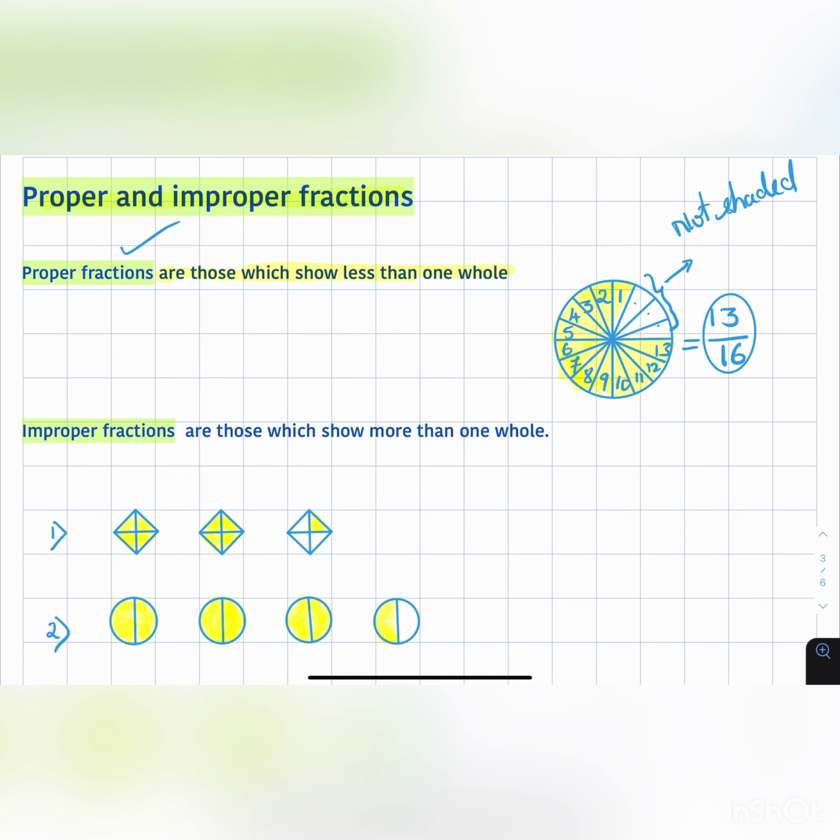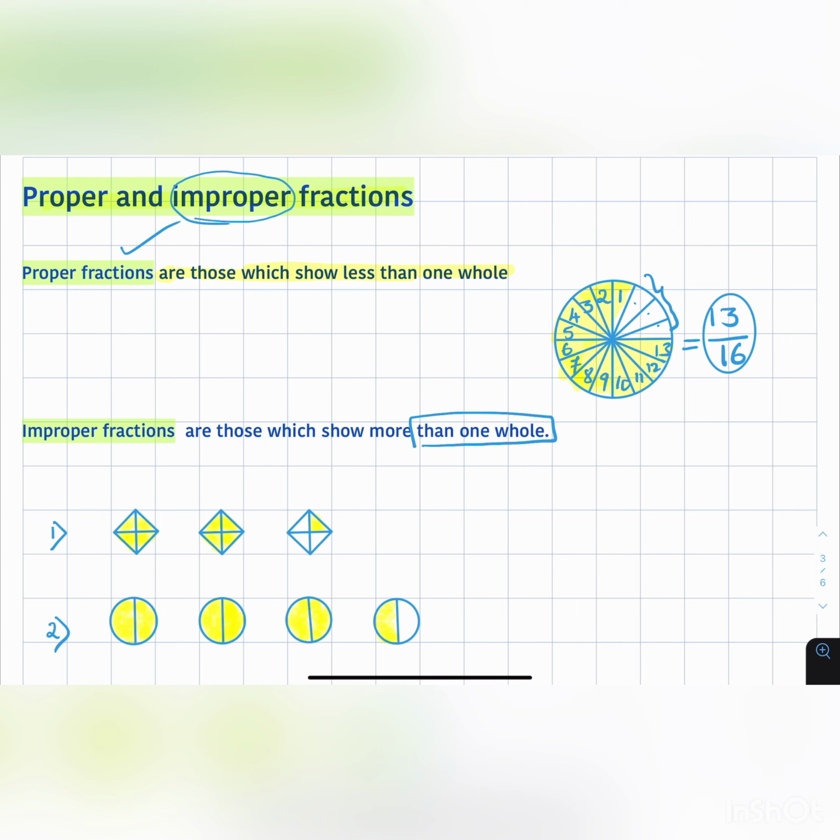Fine. Now we will find out the next one, that is, what are improper fractions. Improper fractions are always more than one whole.